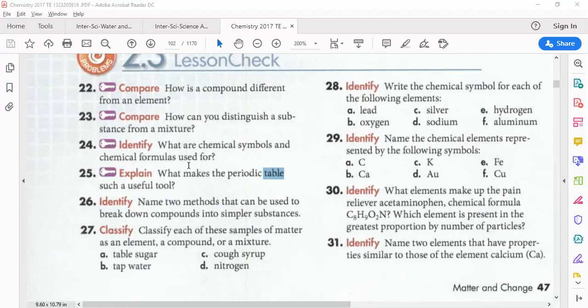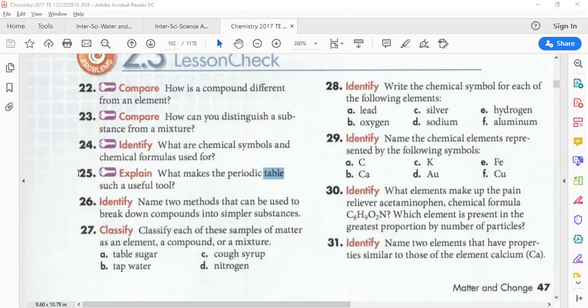For example, the element hydrogen will be capital H, that's a chemical symbol. Oxygen will be capital O, that's a chemical symbol. When we get a compound such as water, H2O, we make an abbreviation for the proportion and the ratio between hydrogen and oxygen inside this compound as a formula: 2 hydrogen to 1 oxygen.